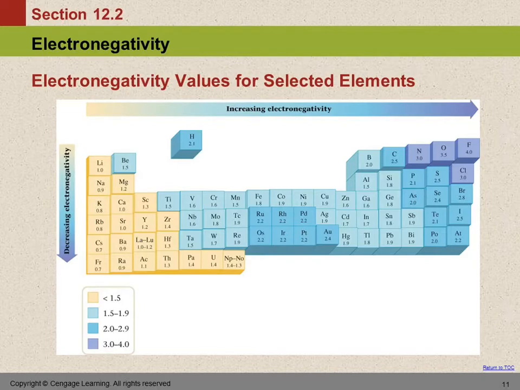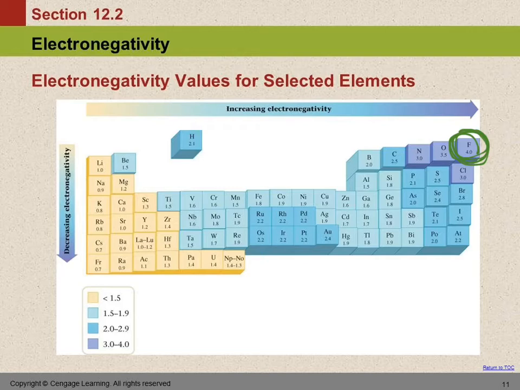So fluorine is the most electronegative. And the closer you are to fluorine, the more awesome you are, the more electronegative you are. So as we go across in a row, a period, as you get closer to fluorine, the electronegativity increases. When you go down, you're going away from fluorine, and so it decreases.